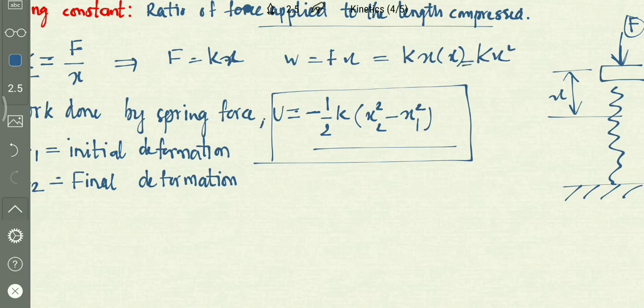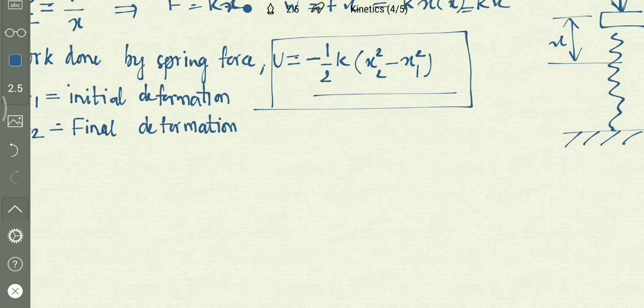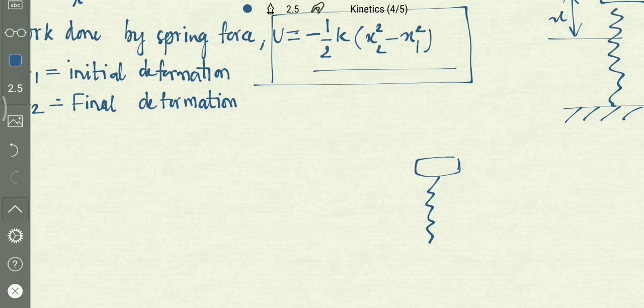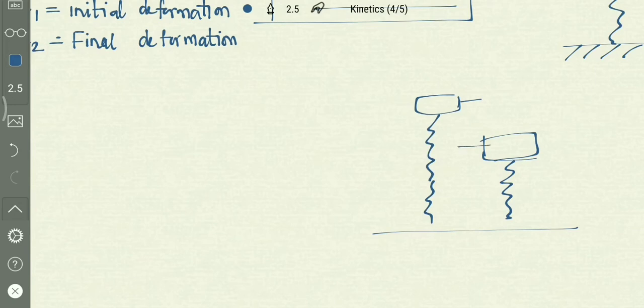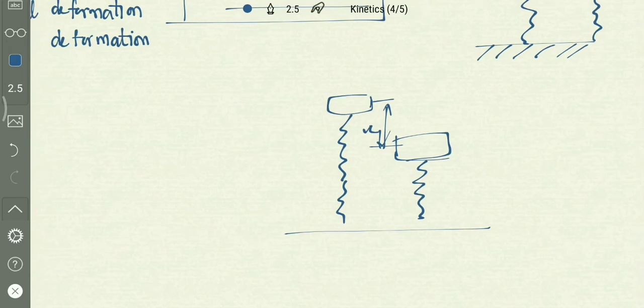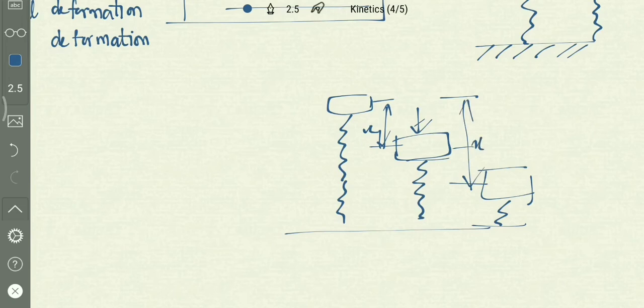Then what is x1 and x2? Let us say this is original position, undeformed position. If it is initially in a compressed state x1 and a force is applied, due to this force it is compressed to a length x2.